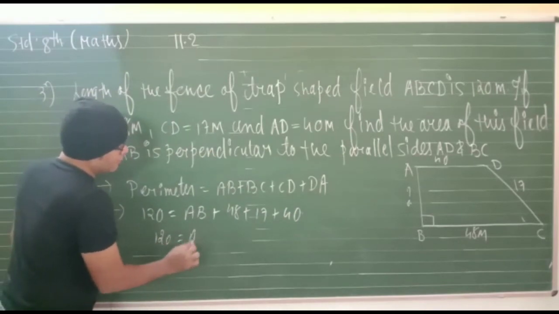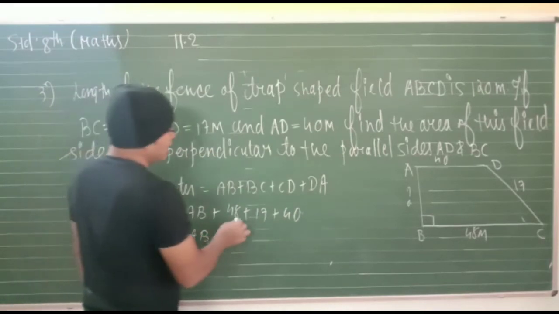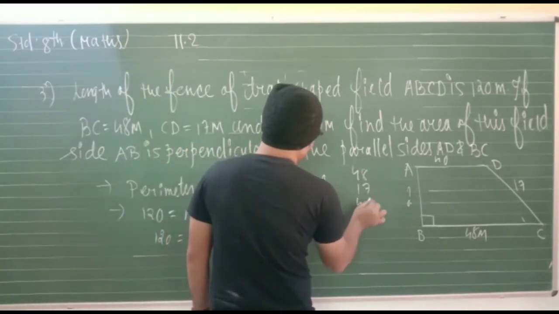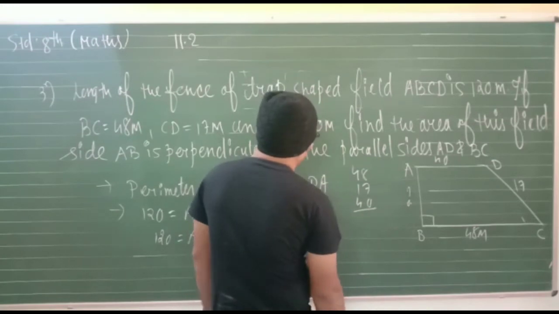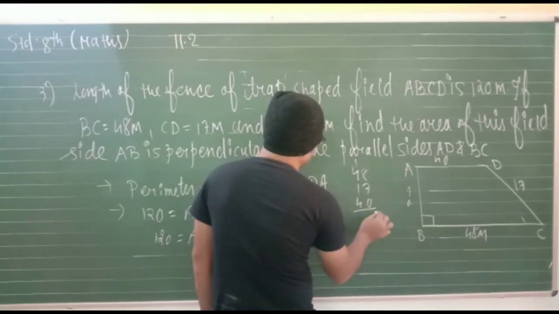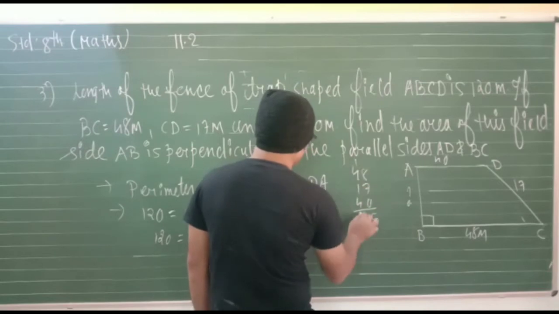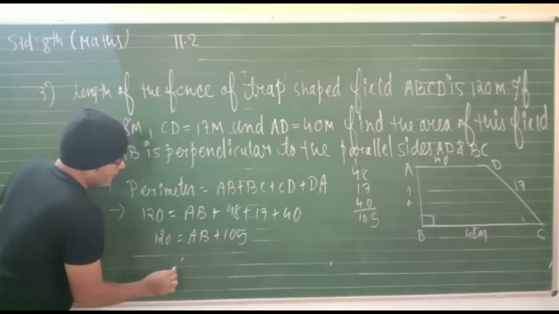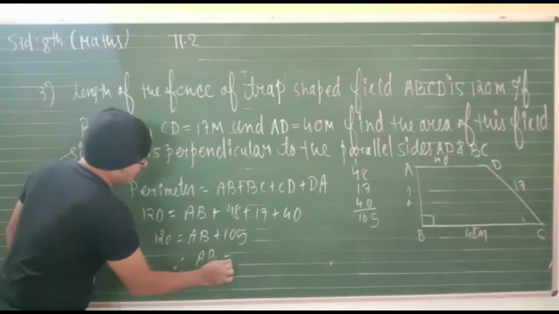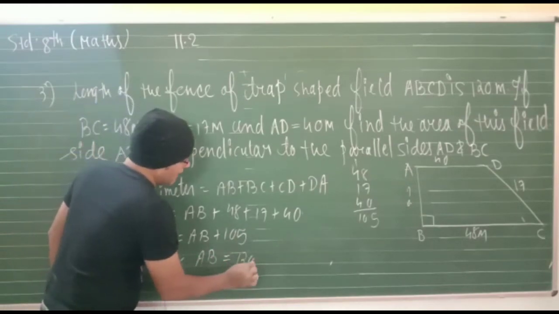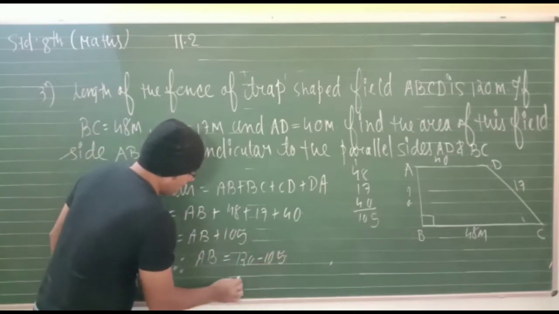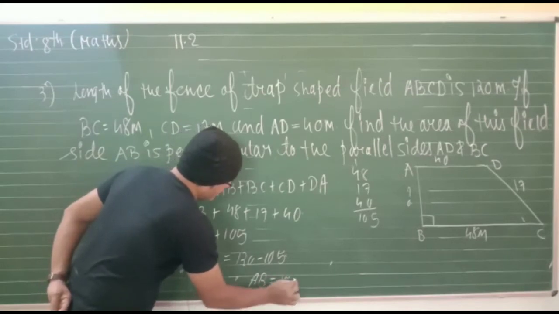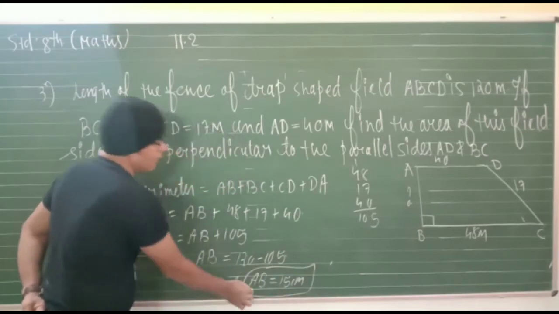So 120 is equal to AB plus, now make addition, 48, 17 and 40, that is 105. Therefore AB is equal to 120 minus 105. So AB is 15 centimeter.